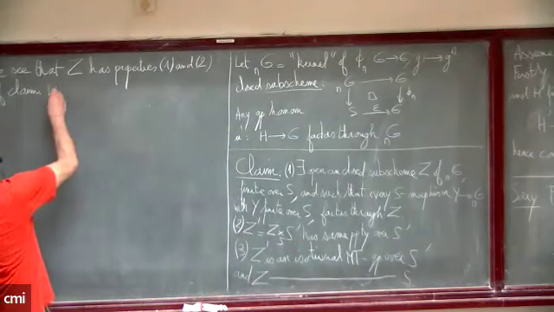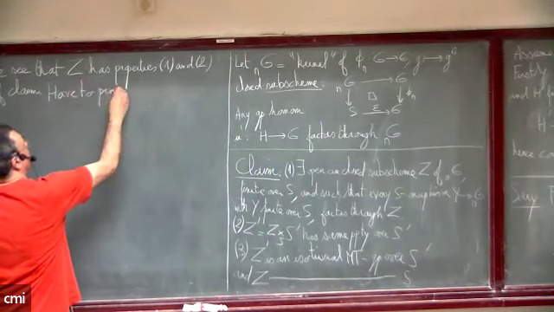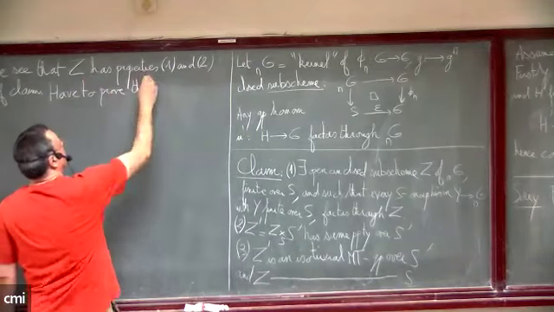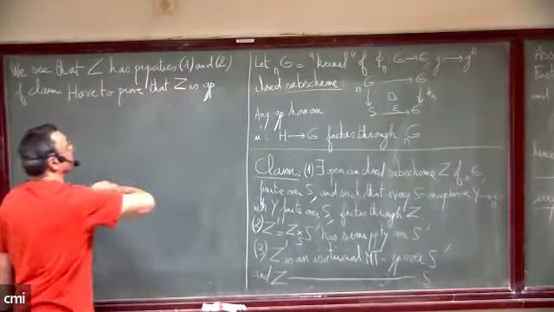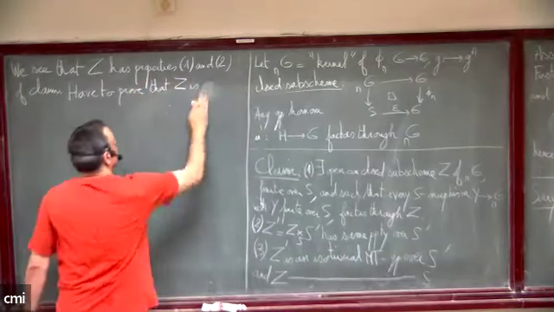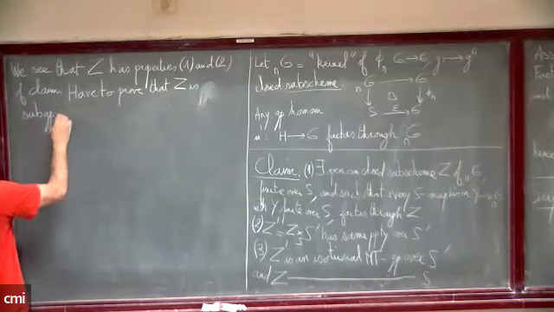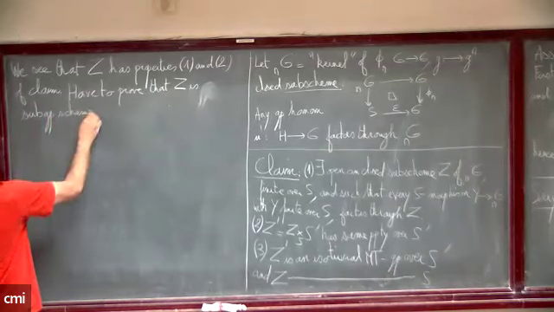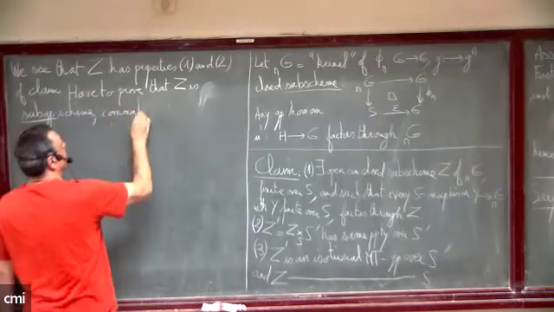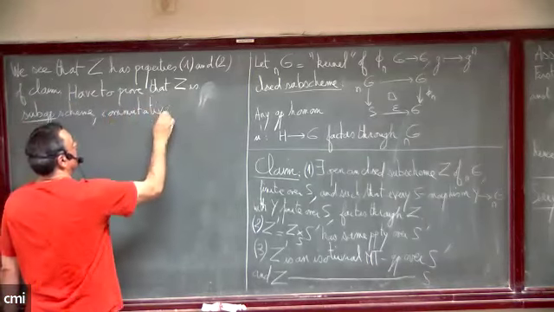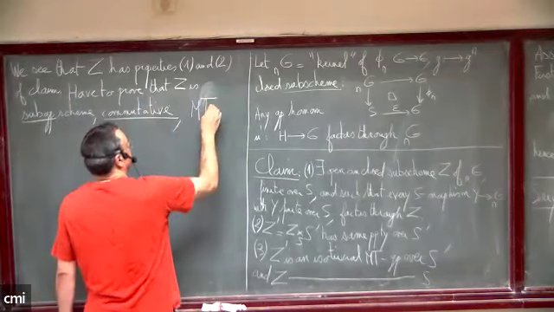Now we have to prove that Z is a subgroup scheme, that it is commutative, and finally of multiplicative type.